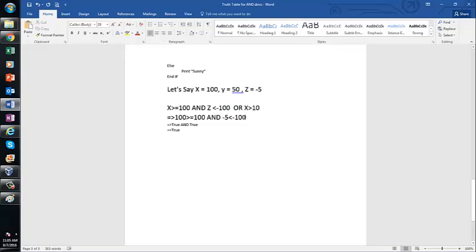Now, what is the value of x? 100 greater than what? 100 greater than 10. Now what we know? This one is true, right? What about this one? False. Or 100 greater than 10. It's true. This is true, right?